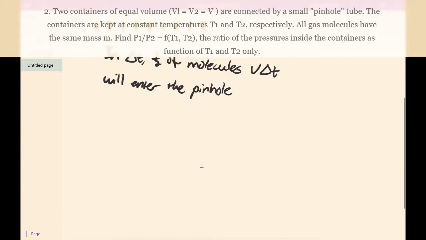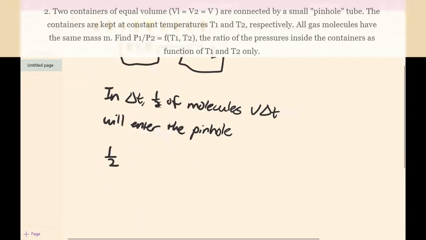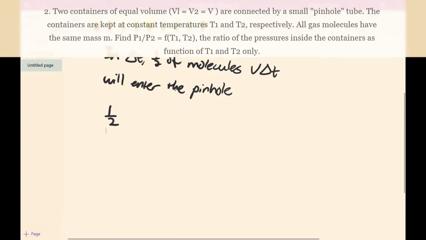So the number of molecules would be 1/2 times the density of the molecules, where n is the total number of molecules over the volume V. This is the number density of the molecules. So 1/2 of this times the distance v times delta T, and then multiplied by the area.